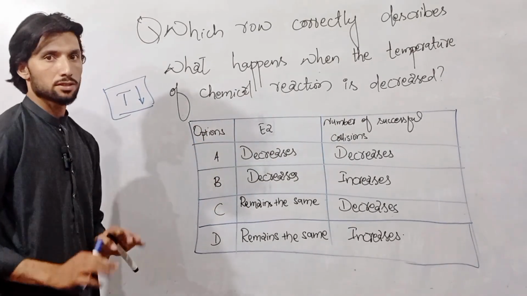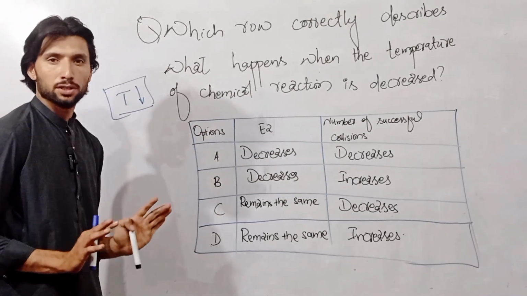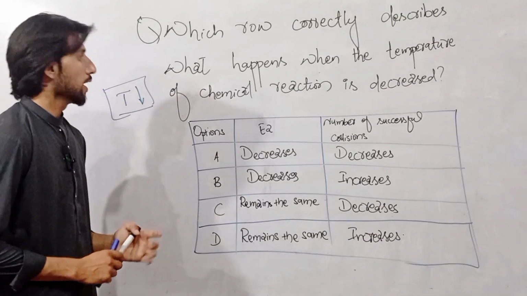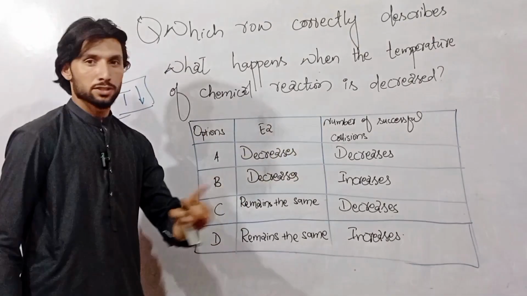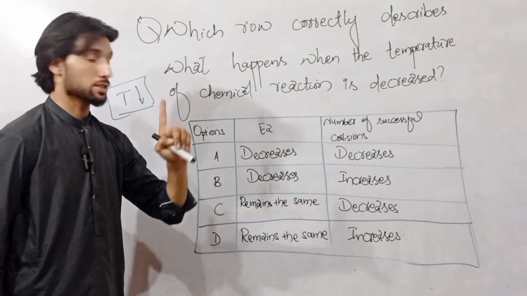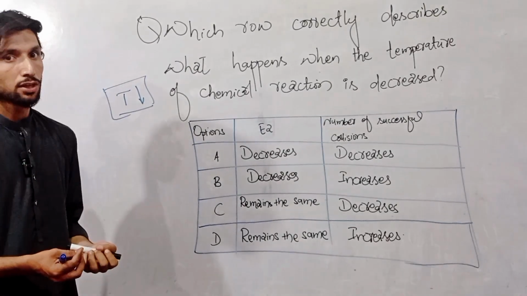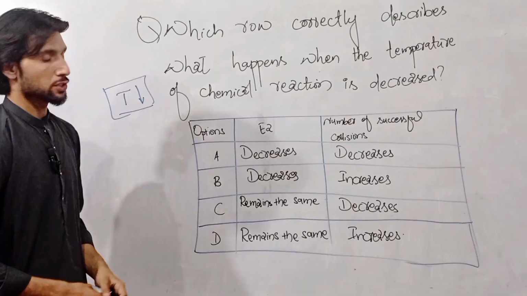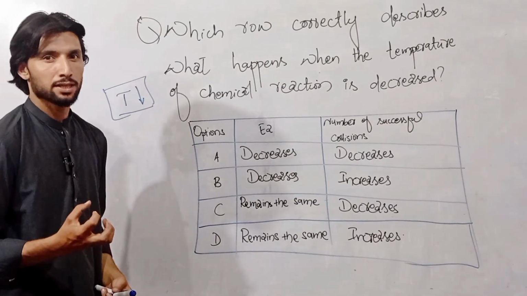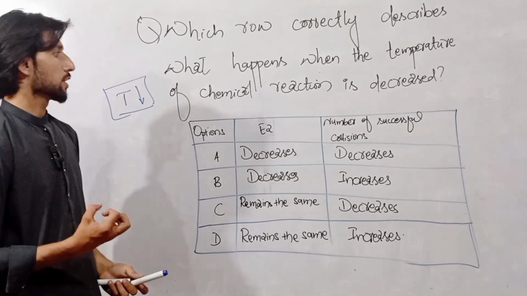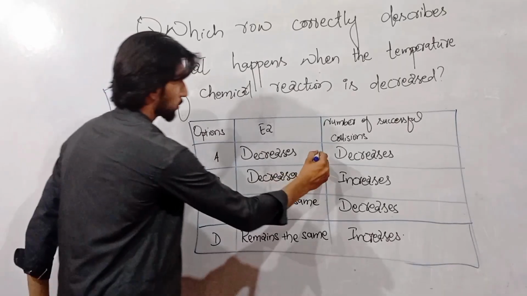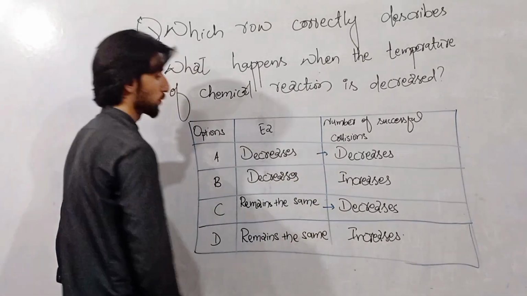Activation energy does not depend upon the temperature, and the number of collisions depends upon temperature, because it depends upon the kinetic energy. So with a decrease in temperature, we will have decreased kinetic energy and a decreased number of collisions. So either this or this could be true.